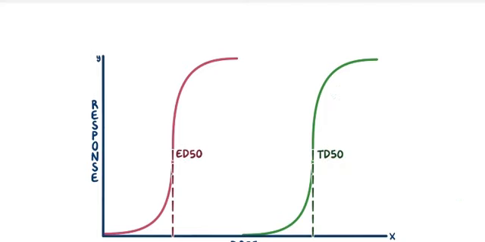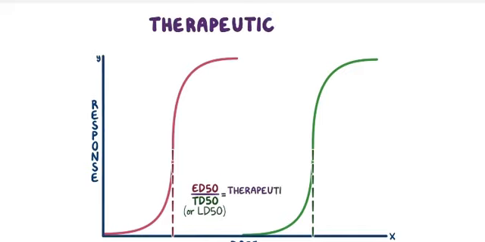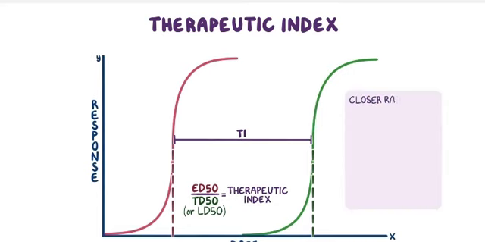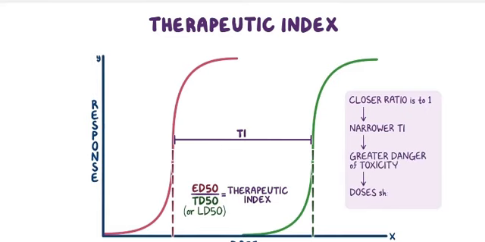Now, if the ED50 gets divided by its TD50 or its LD50, we get the therapeutic index, or TI for short, of a medication. The closer to 1 this ratio is, the narrower the therapeutic index, which means there's a greater danger of toxicity, so doses should be tightly regulated.